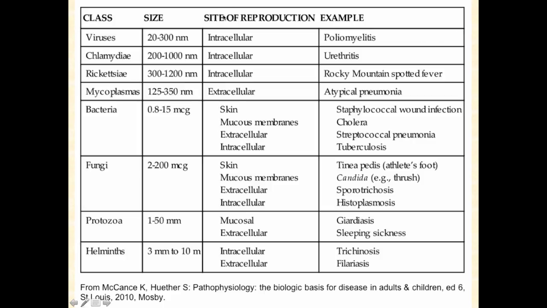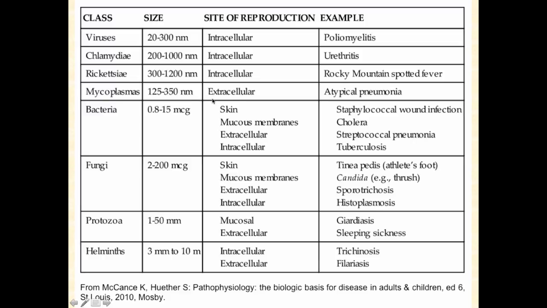Then we've got the site of reproduction, so where these microorganisms live and reproduce themselves. Some of these microorganisms live inside of our cells; that's where they like to occupy and reproduce.